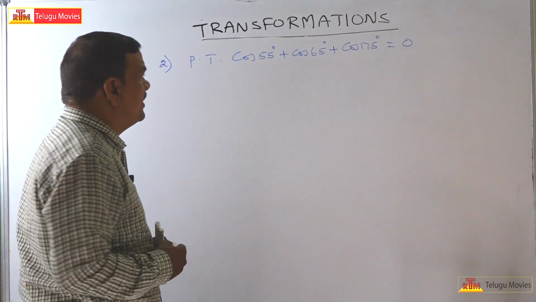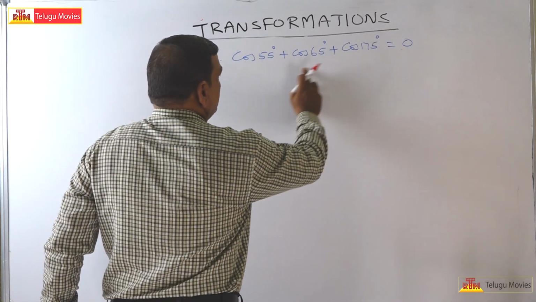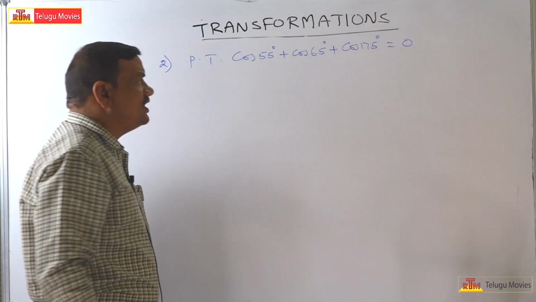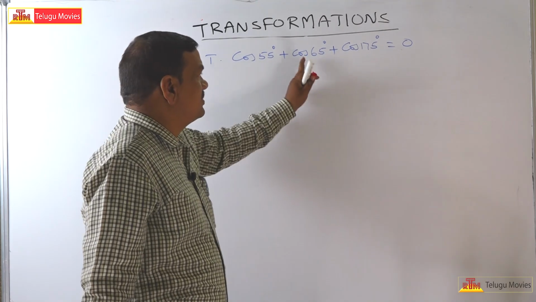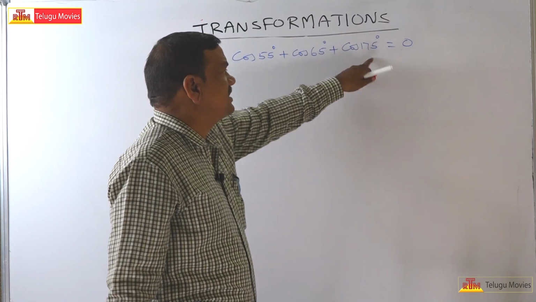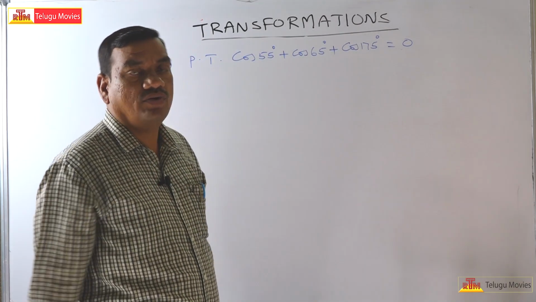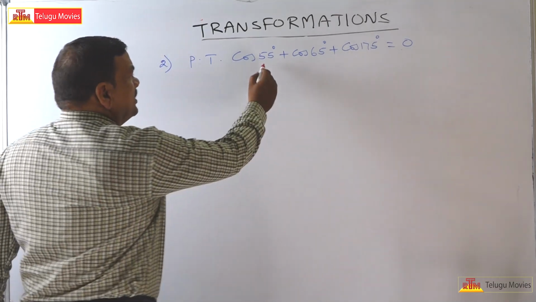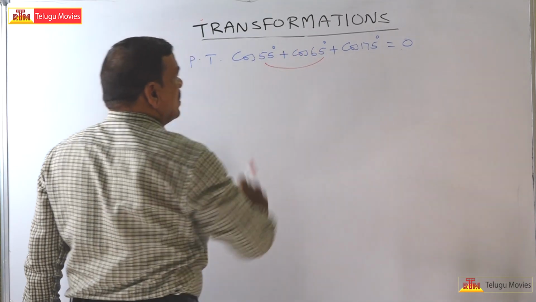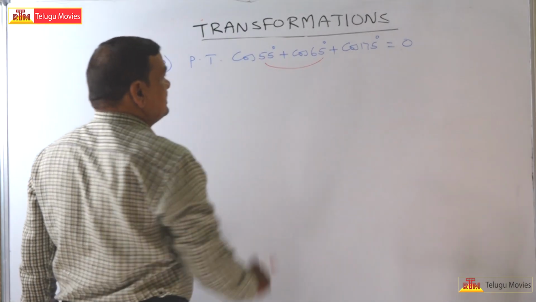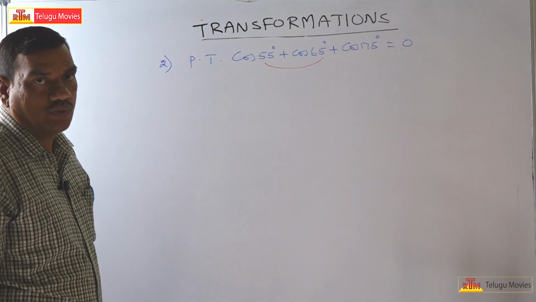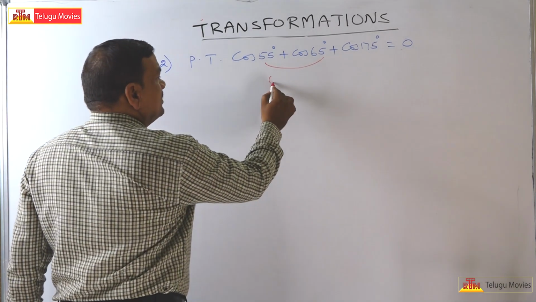Here you see cos C plus cos D. We have to decide which ones to combine: first one and second one. That idea you have to get. If I combine these two, cos C plus cos D is 2 cos (C plus D) by 2, that means 55 plus 65, 120, 120 by 2 is 60.